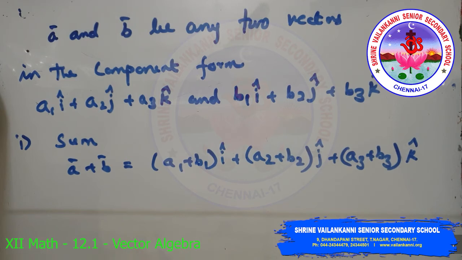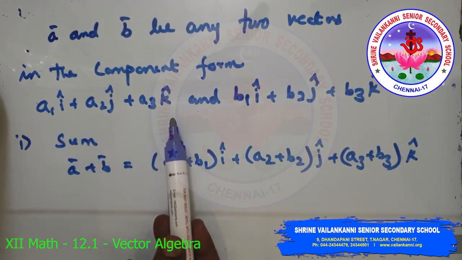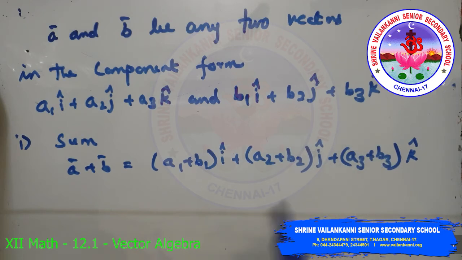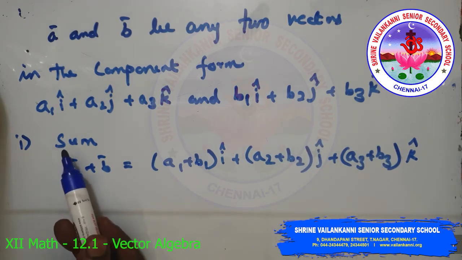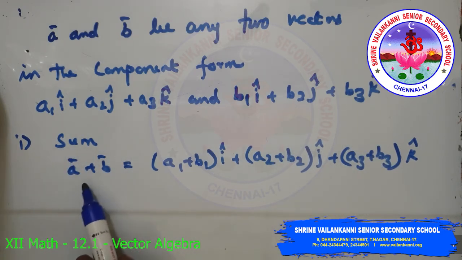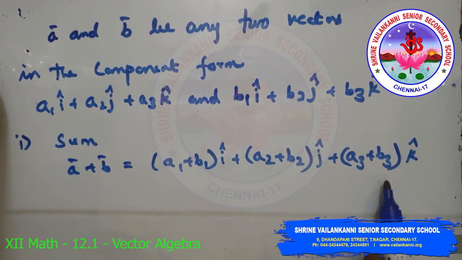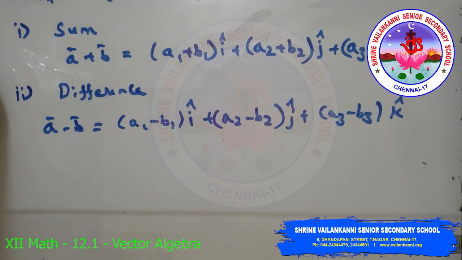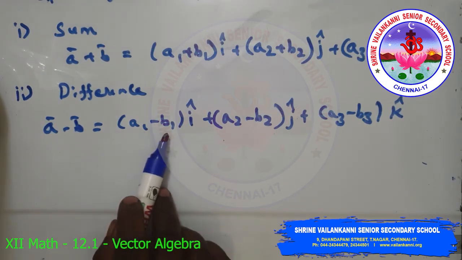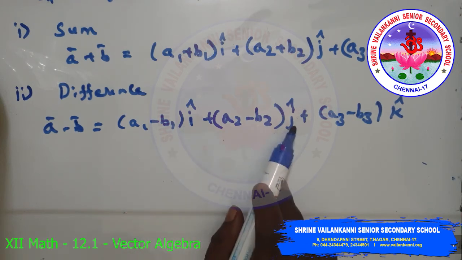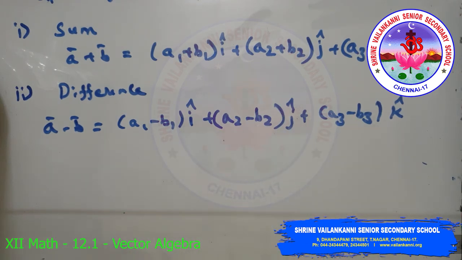If A and B are any two vectors given in the component form a1i plus a2j plus a3k and b1i plus b2j plus b3k, then first, the sum or resultant of the vectors A and B is given by A plus B, which is equal to (a1 plus b1) i plus (a2 plus b2) j plus (a3 plus b3) k. Second, the difference of the vectors A and B is given by A minus B equal to (a1 minus b1) i plus (a2 minus b2) j plus (a3 minus b3) k.